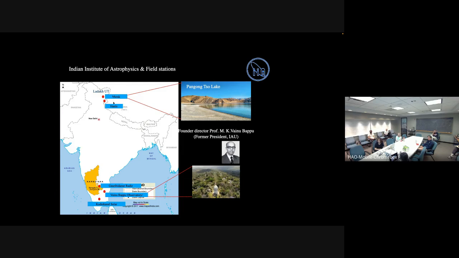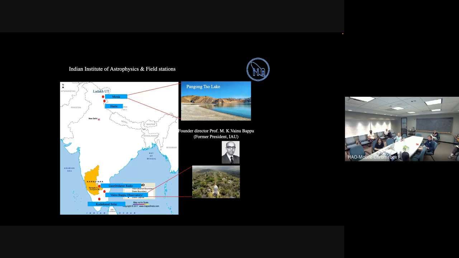And then there are these field stations in the Himalayas. A notable one is in Merak. So Merak has this lake called the Pangong Tso Lake. 2/3 of this lake is in China and 1/3 is in India. And if you see this excursion here, that is where we plan to build a 2-meter National Large Solar Telescope.